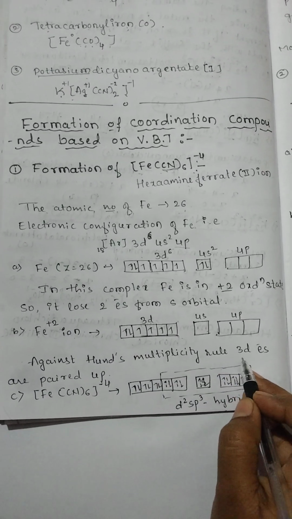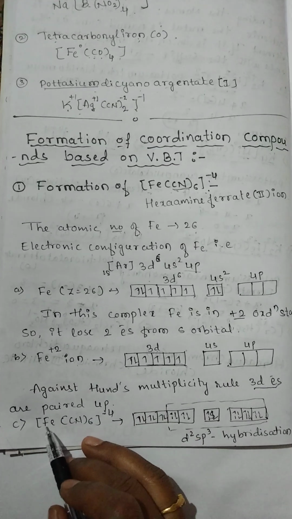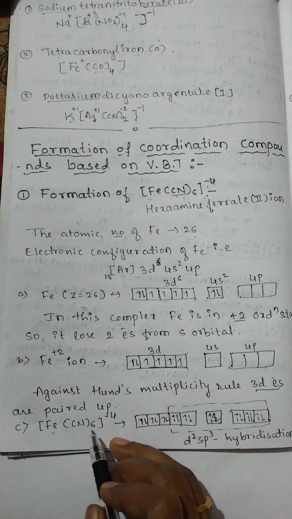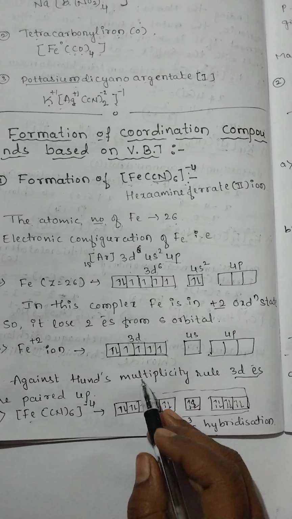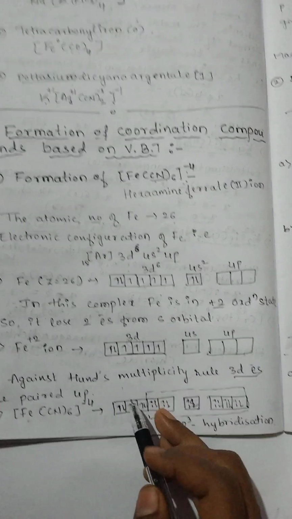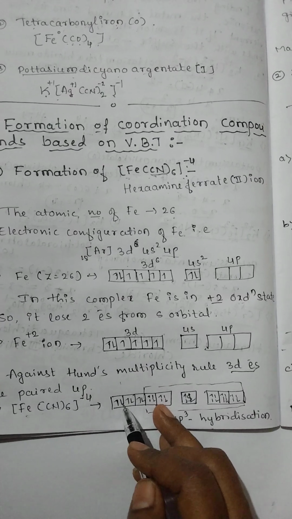Here the 3d electrons are paired up. So for the complex Fe(CN)6, these unpaired electrons get forcibly paired up against Hund's rule.